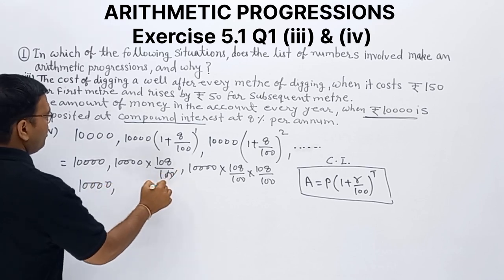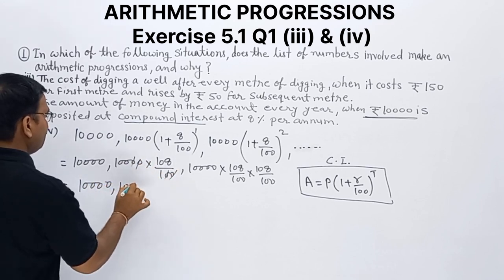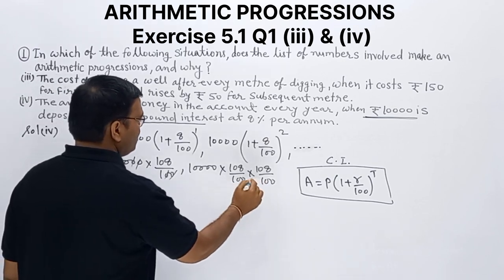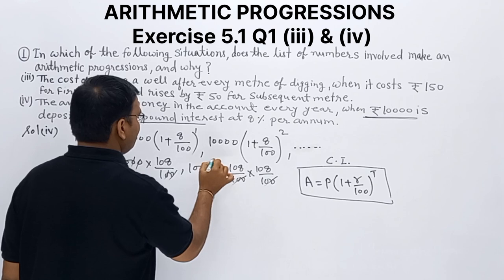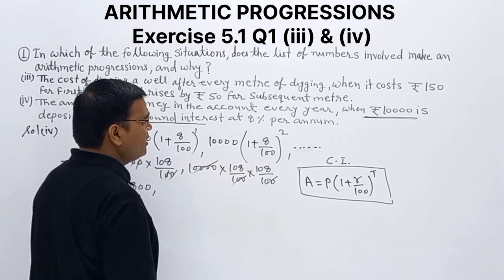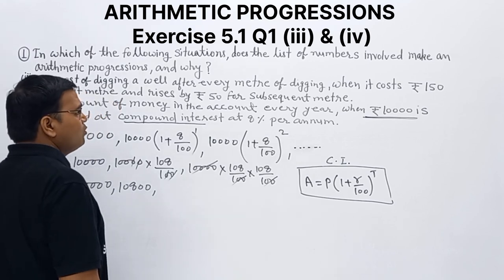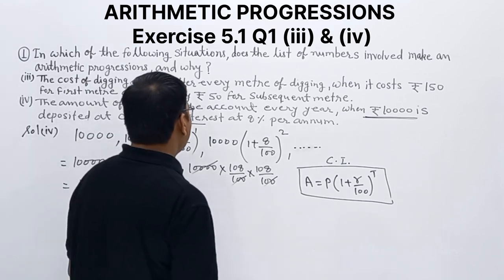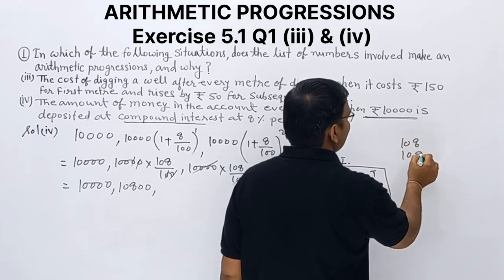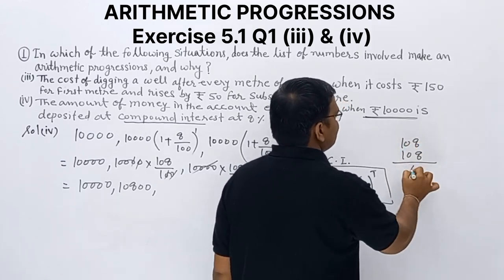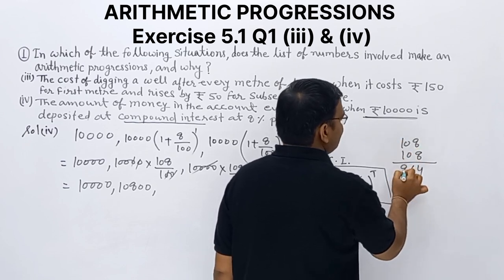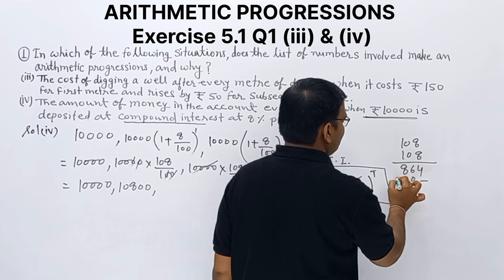Solve this one. 10,000, 20 will be cancelled. What remains is 10,800. Next, for the second term, the zeros cancel against 100, and we get 108. Multiply 108 by 108. 8 times 8 is 64, so we write 64. Then 8 times 1 is 8, and next multiply by 0.